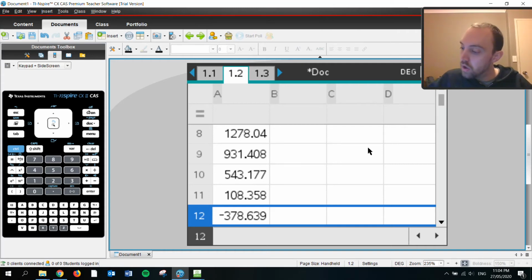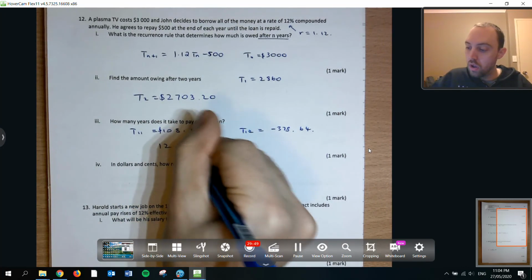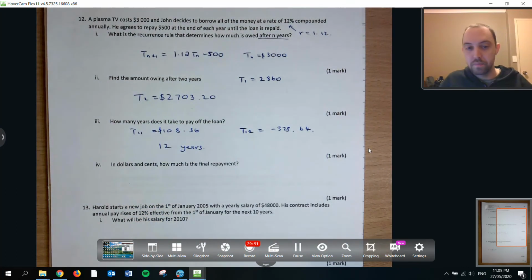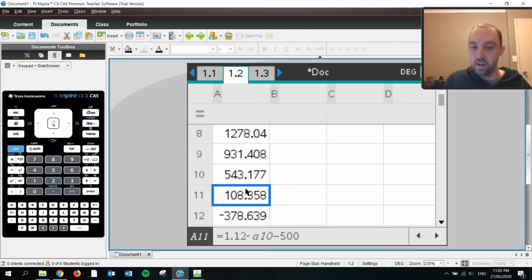So how many years does it take to pay off the loan? 12 years. All right. But in his final repayment, this is where we kind of arch off here. He doesn't need to pay the full $500 in here, does he?